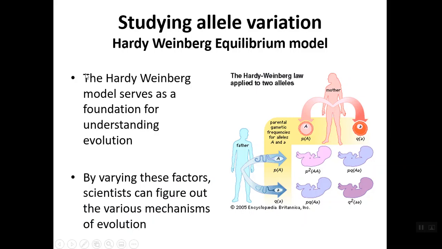So the Hardy-Weinberg equilibrium model serves as a foundation for understanding evolution, because we can predict and understand where a population is going and what's going to happen to allele frequencies in certain situations.